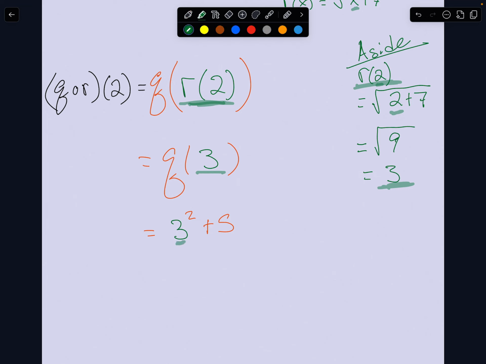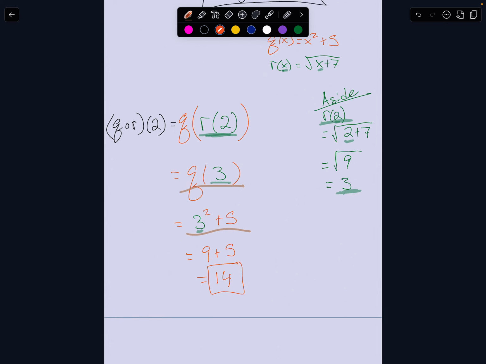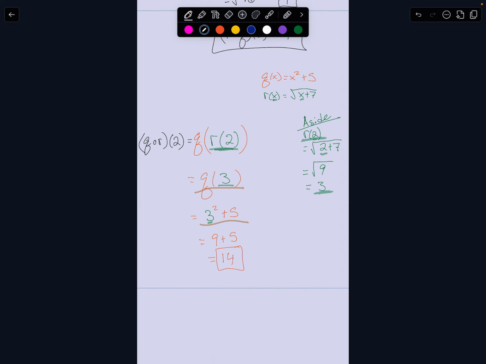That 3 gets replaced, and now again, it's simplifying. So this is going to be 9 plus 5, or 14. So we're going to get back that q of r of 2 is 14.